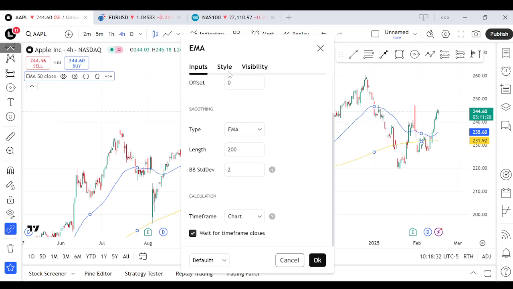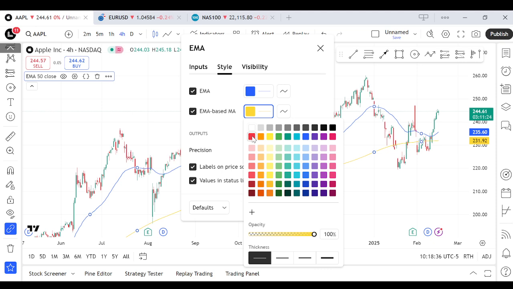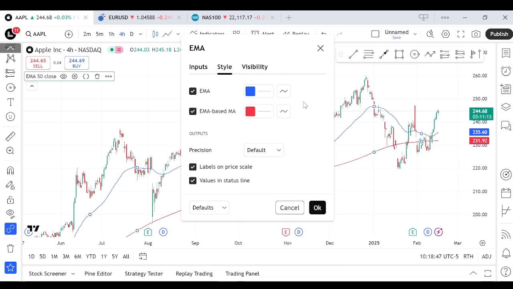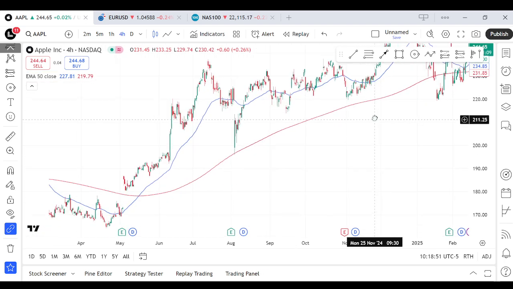Okay, let me just change this color to red. So the 50 period moving average is the one in blue, and the 200 period is the one in red. And you can see it on our charts.